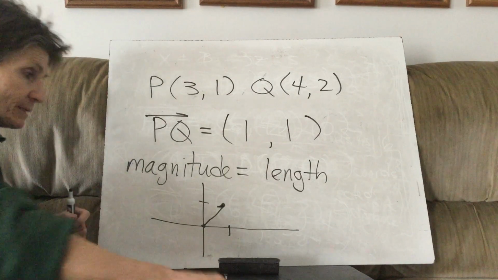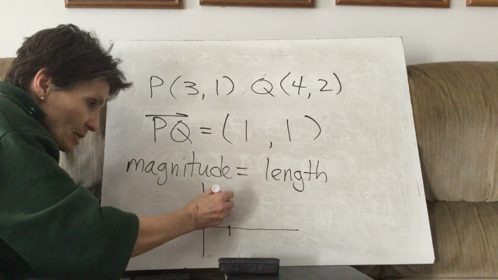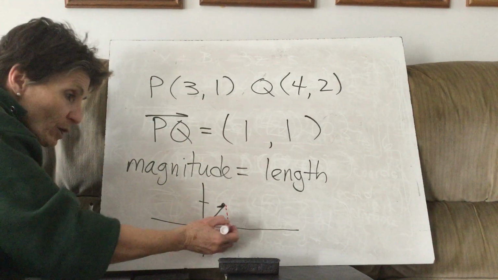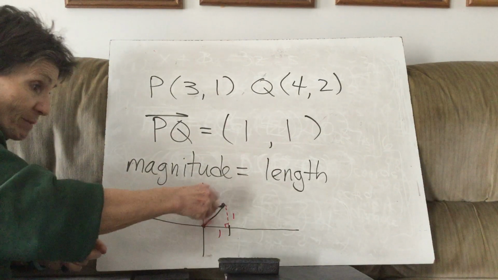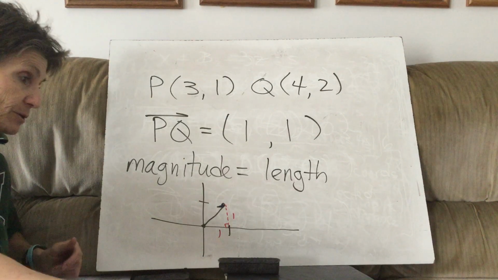Well, there are a couple of different ways that you can think about this, but probably the easiest way is to think about this little right triangle right here. We go over 1 and up 1. This would be the hypotenuse. The magnitude of the vector is the hypotenuse.